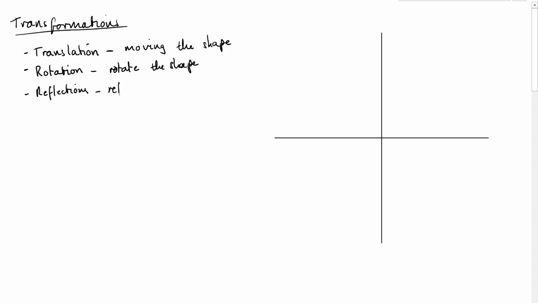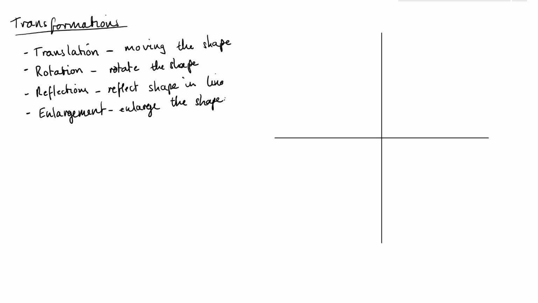So we just reflect the shape in a line. And the last one is enlargements, where we enlarge the shape. Okay, so these are the four things that we can do. We can move it, we can rotate it, we could reflect it, or we can enlarge it.